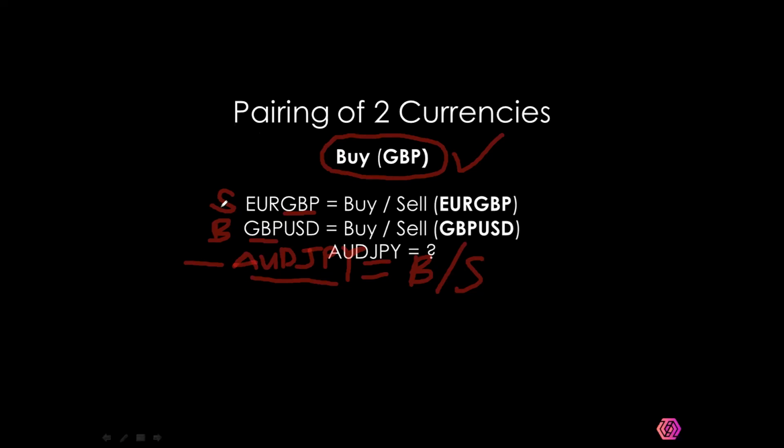So if you look at the first one where you clicked on sell, clicking on sell simply means that you are selling the first one here, euro. You remember we always attack the first currency. We're selling this one here, and then we're buying the second one, GBP. So that means that this GBP here is correct. So the answer is sell. So this one is buy. You click on buy, you're buying the first one, GBP, and that's the information we have here.